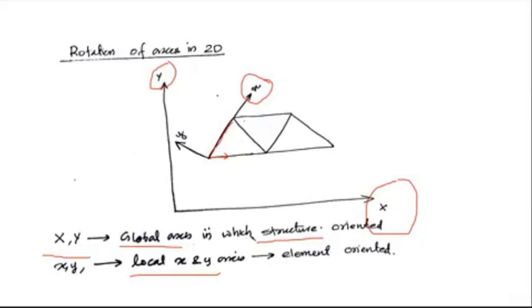If you consider this element, it will have a small x and small y, and if you consider this inclined element, it will have another x and y. Like that, the local axis of each element will be different. So you have to convert it into the global coordinate system. We'll derive the expression for that.